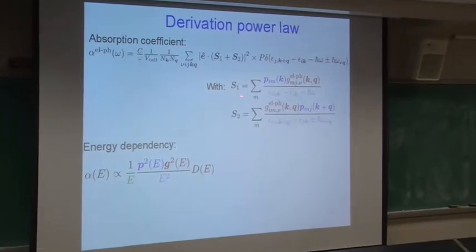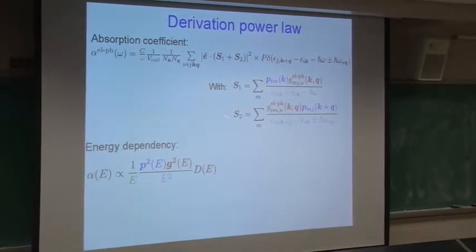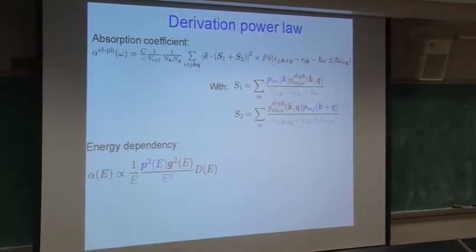The next one occurs in these S1 or S2 terms. We have a dipole matrix element, which depends on your momentum. And through the energy-momentum relationships, the dispersion relations I showed you earlier, we can relate this to an energy. The same is true for your electron-phonon matrix element. They depend on your momentum, and thus they will depend on your energy.